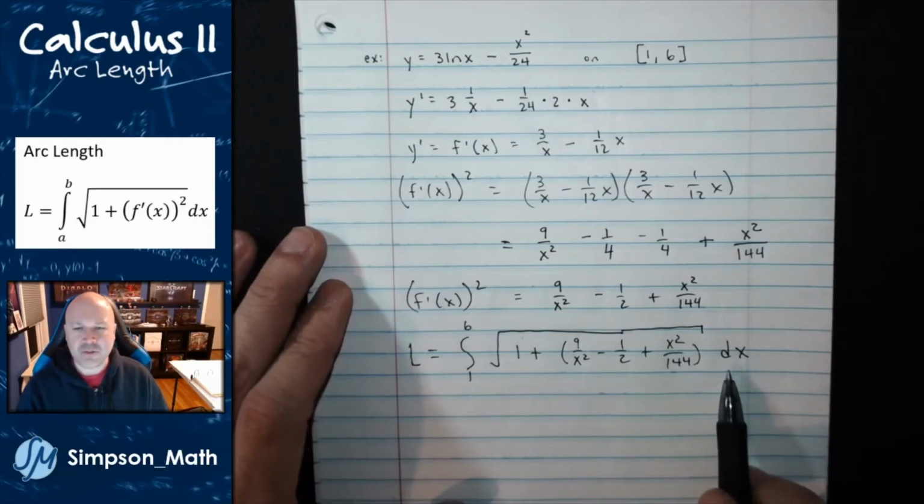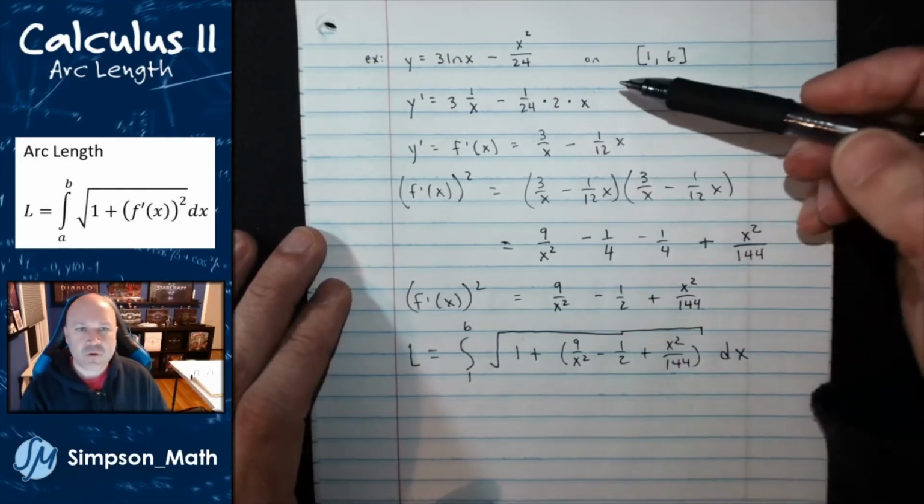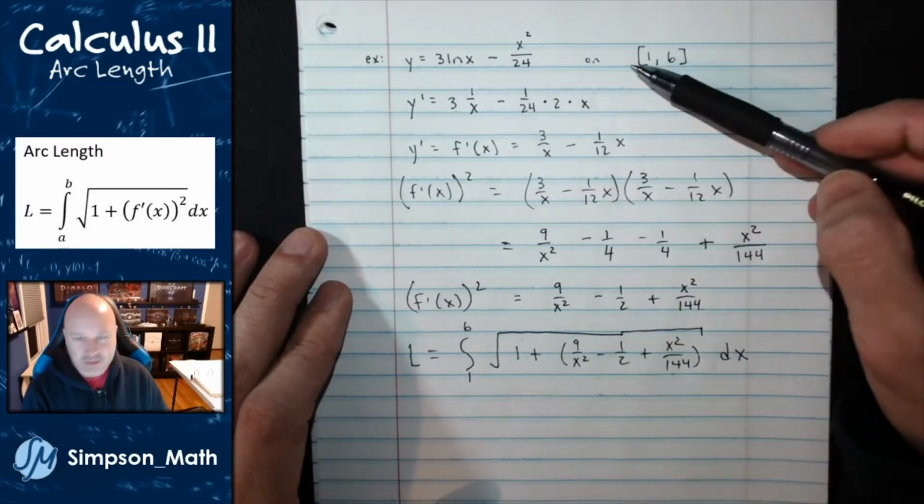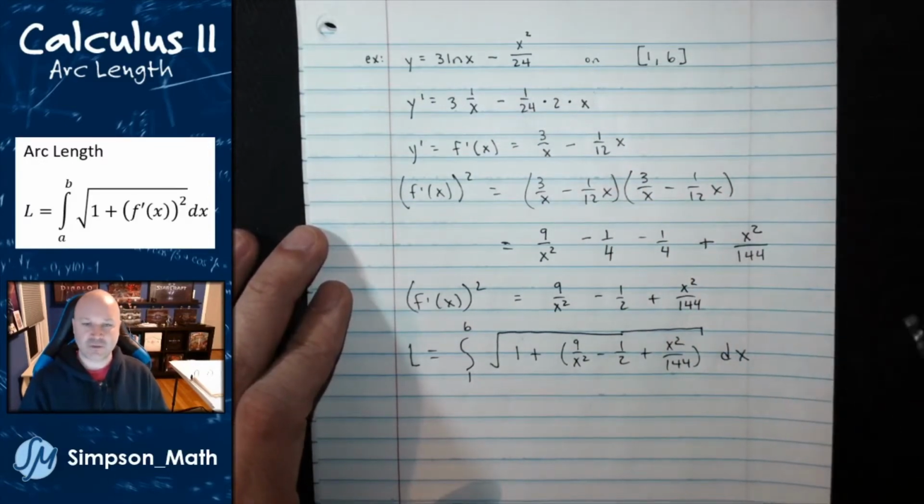Now we could do this maybe with respect to y, but this function was given to us in terms of x, and along the interval, yeah, there you go. dx, that's what we're familiar with. Okay.